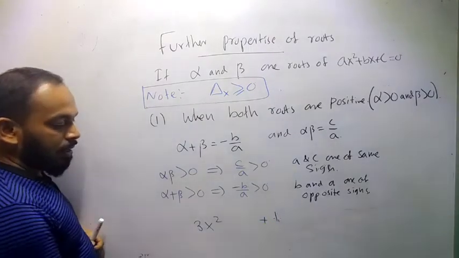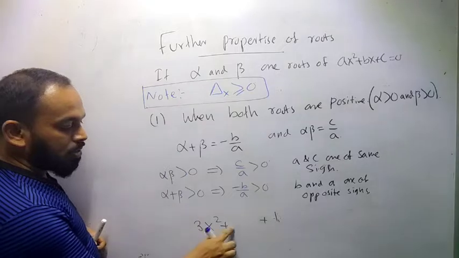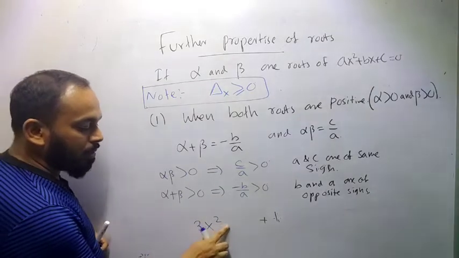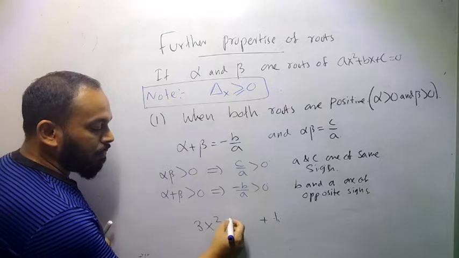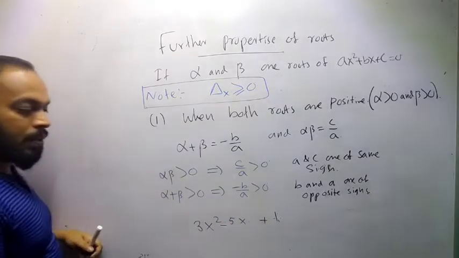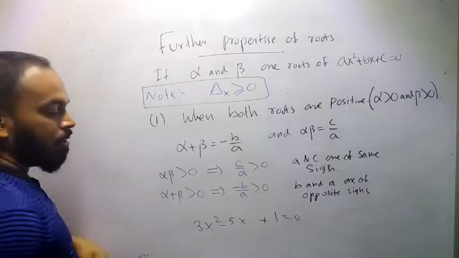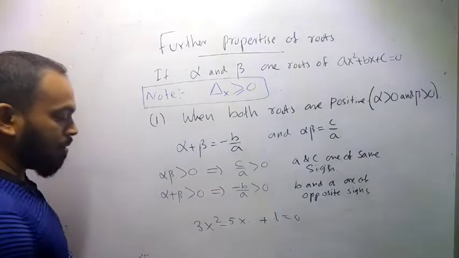Then our coefficient of x should be a negative number. Let's say negative 5x, equals 0. So if you solve this quadratic equation, you will get positive roots.